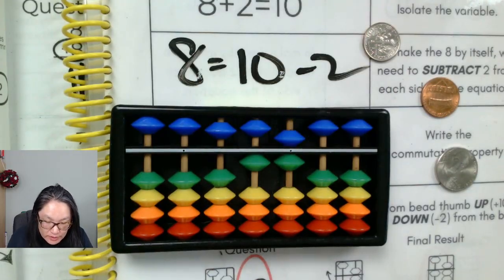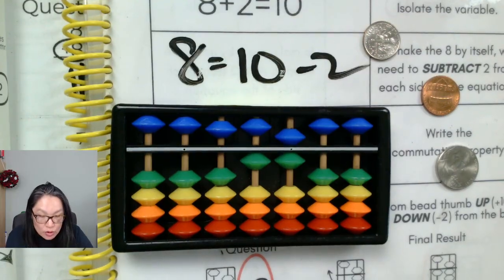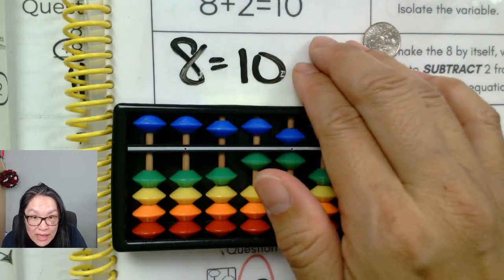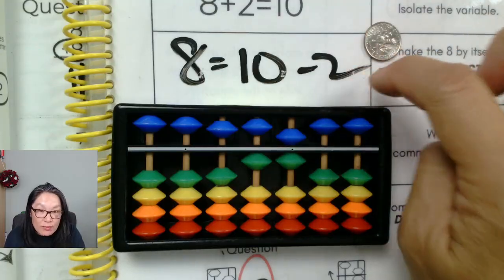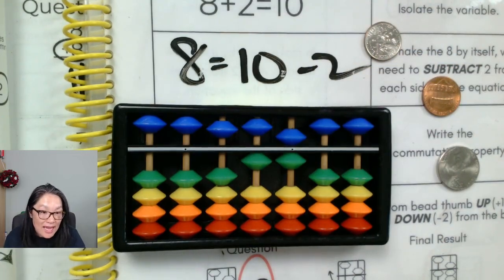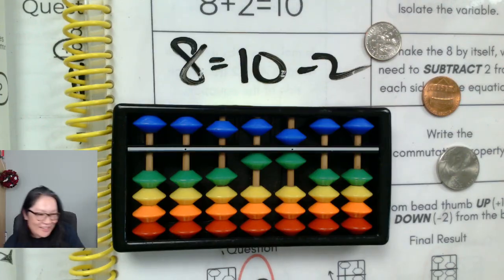Yes, you add the 10, but adding the 10 is too much. This is no longer balanced. So I need to, yes, and I will get the change back. I need to minus the 2. Yes, 2 cents. Does that make sense? Good. Welcome to the real world.